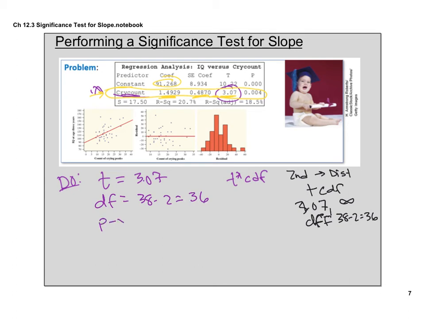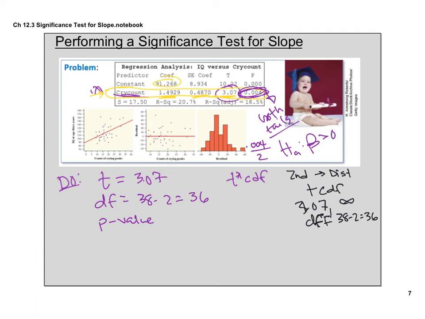And then you get into the p-value. Here's where you could use the computer output for the p-value as well. Your computer output says a p-value is 0.004. This is both tails. You are looking at the alternative of beta being greater than 0, so you need to take this 0.004 and cut it in half.